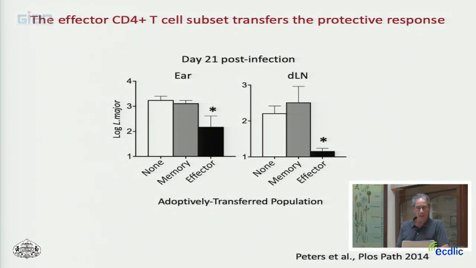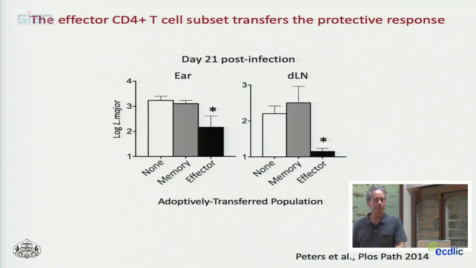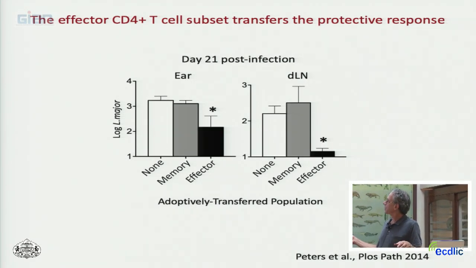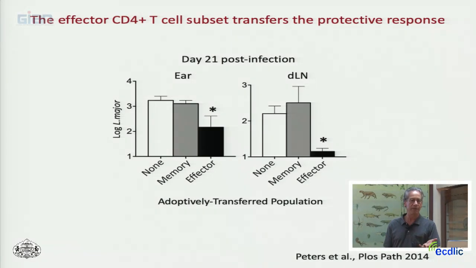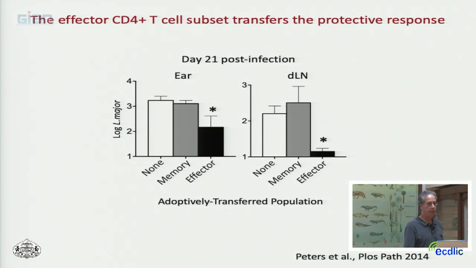So this tells us that central memory cells are not going to be a sufficient population of cells to confer protection against this kind of infection. But remember, it's central memory cells. These are the cells that everyone thought you needed, and that's what vaccines would generate. And those were the target populations.